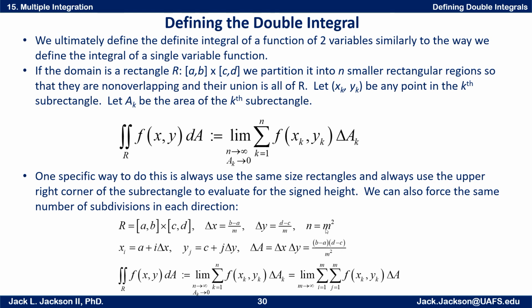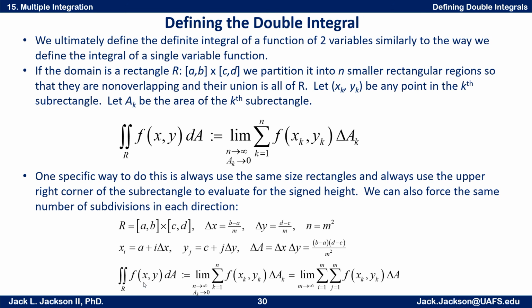N is M squared now, so M squared subregions. X sub i is A plus i delta X, that will go to the right of it, and C plus j delta Y will put you at the upper part, so this will put you at the upper right. Delta A is delta X times delta Y, so multiplying those together you get this formula.